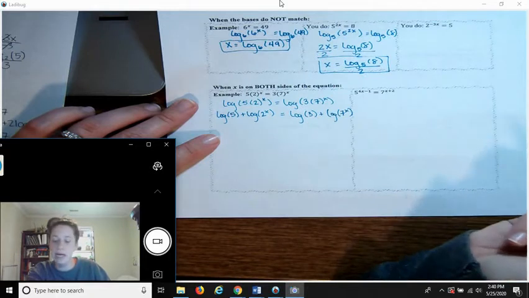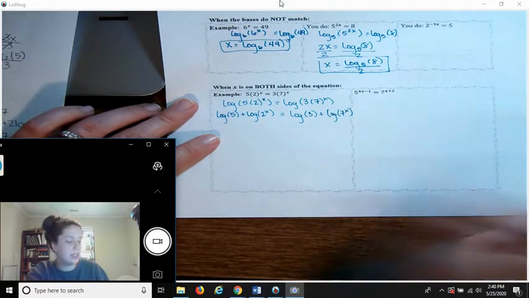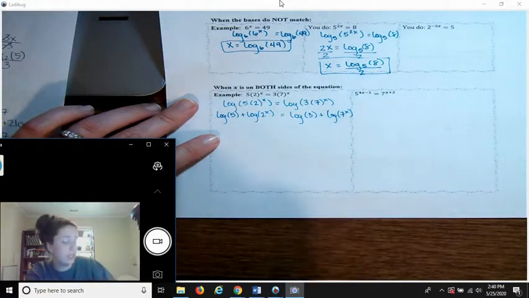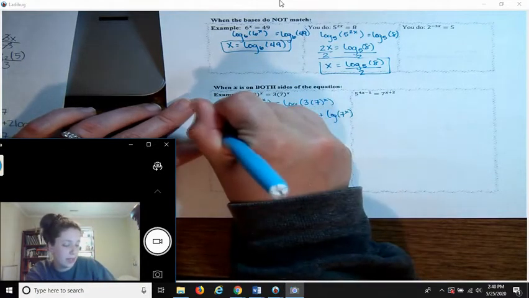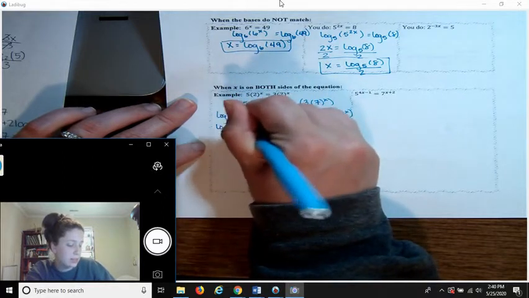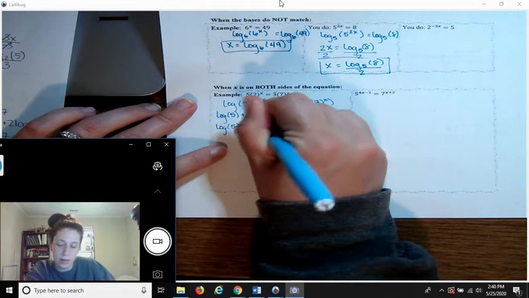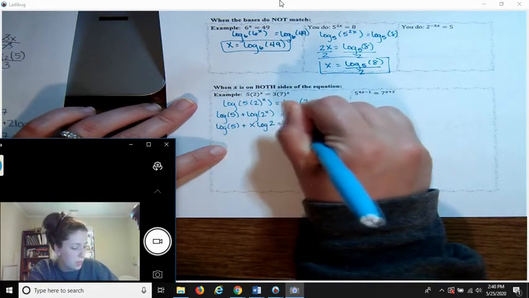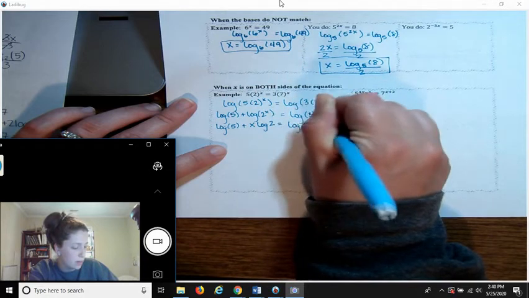Okay? And then, because I have a logarithm of an exponential function, I can pull that x out front. So I'm just going to rewrite everything. Log 5 plus x log of 2 equals log of 3 plus x log of 7.